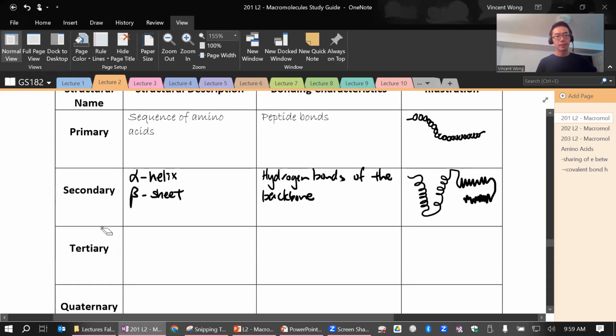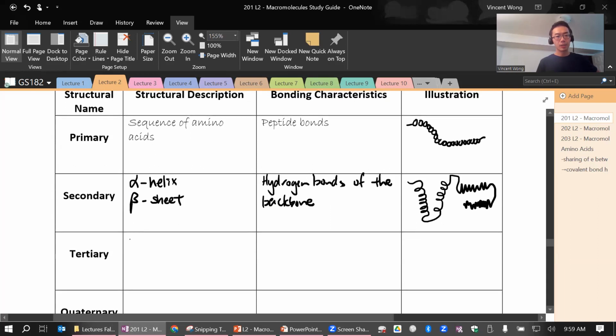Tertiary. This is talking about the 3D shape of the protein. And what holds them together is the interaction between side chains, the R groups.